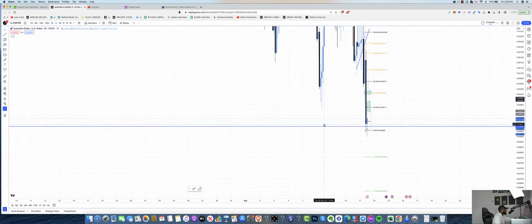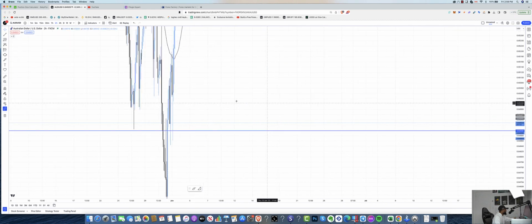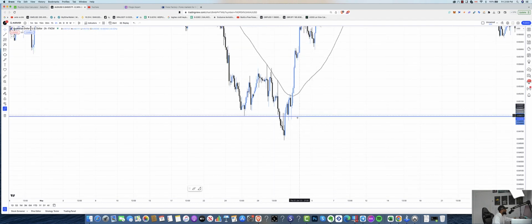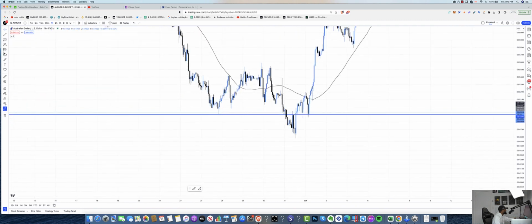And you can see here, this line right here, the reason why we have this line here is because if you look to the left, we have a support area right here. The price was supported over here. So you can see we have a resistance as well as a support.